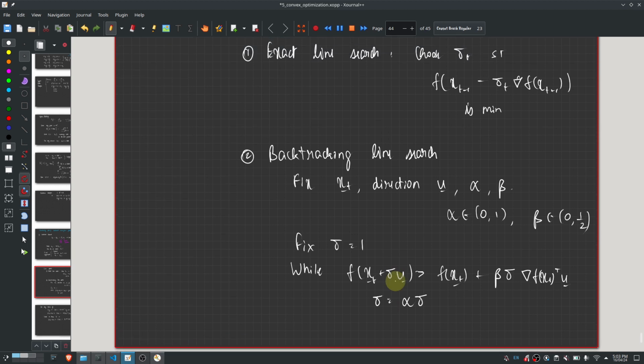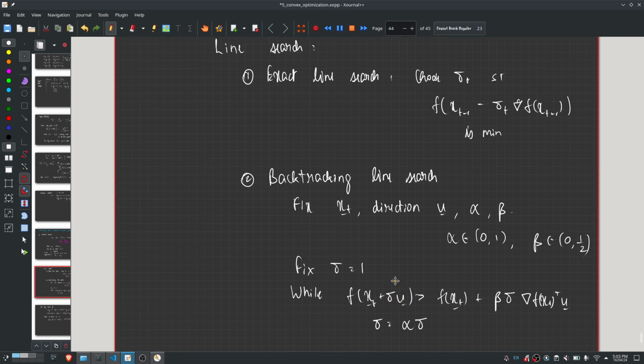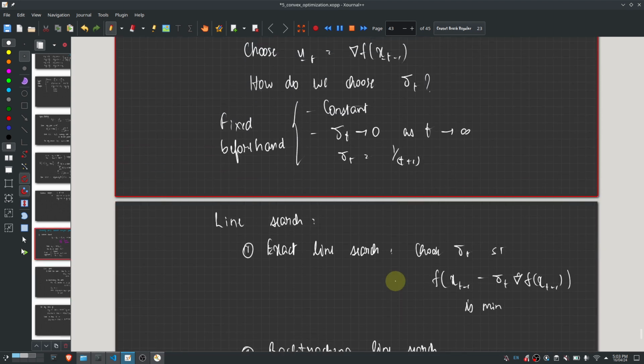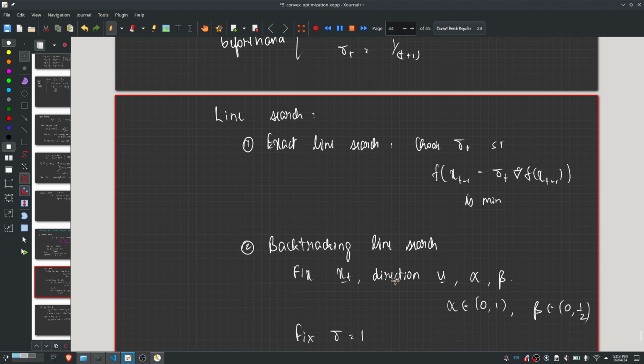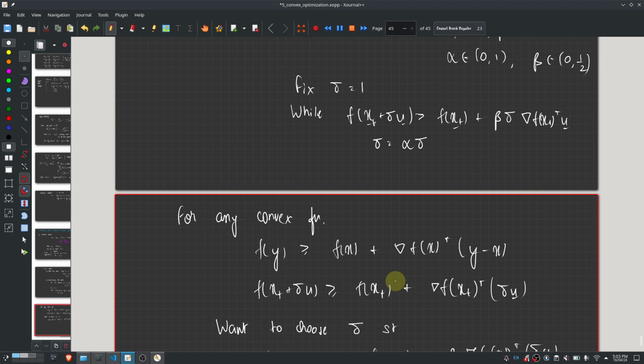So in fact, not just gradient descent, we'll see a couple of other algorithms where you can choose step sizes using backtracking line search. The way we're choosing u is essentially the negative of the gradient, because we choose a descent direction.